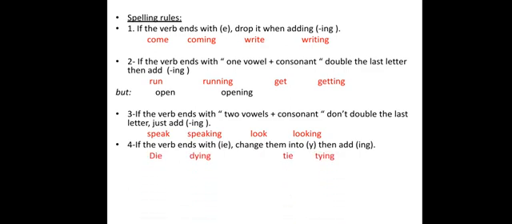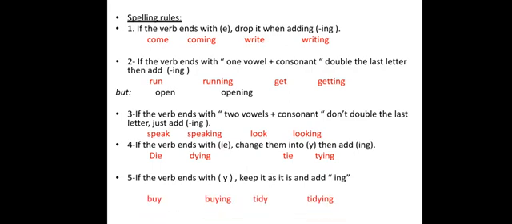For example, the verb die will be dying, die, dying. If the verb ends with y, keep it as it is and add ing. Buy, buying, tidy, tidying.